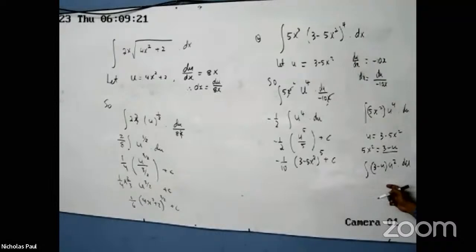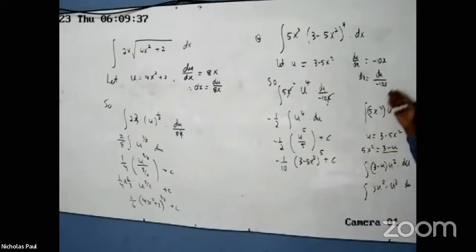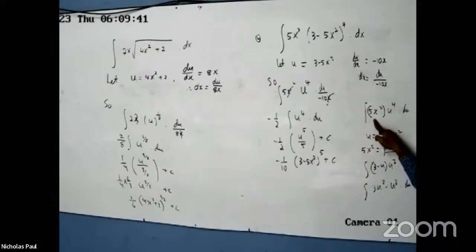So here's what will happen. Can we multiply this out? You'll get 3 by u squared minus u cubed. Can we integrate this? Yeah, simple, right? So sometimes when you do this and you make the substitution, the x doesn't cancel out.